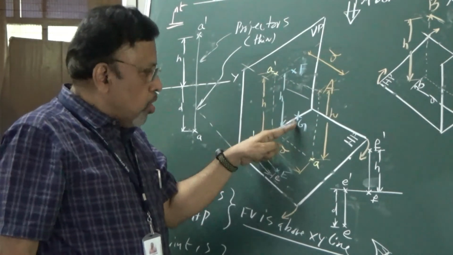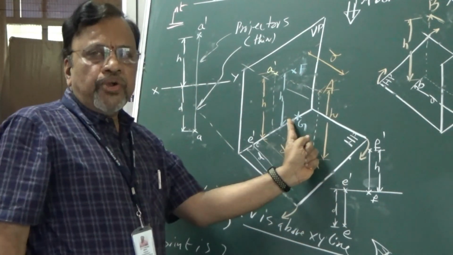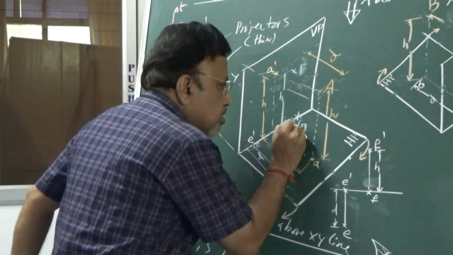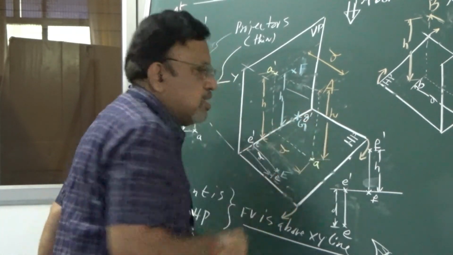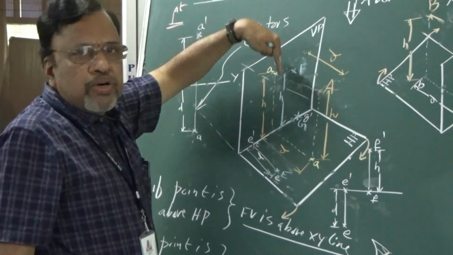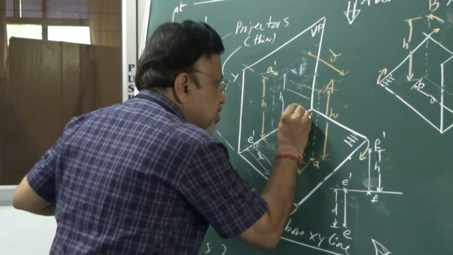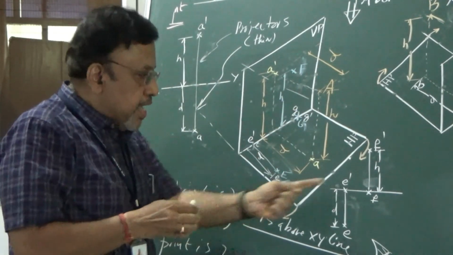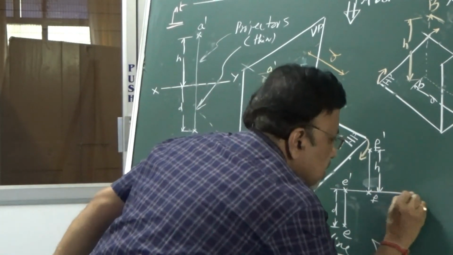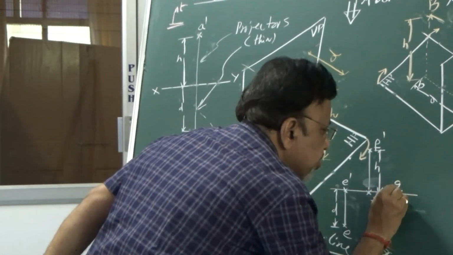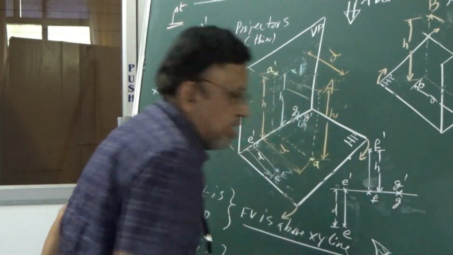Since they are 0, if I look from the front, we get G dash on XY. And if I look from the top, because VP distance is 0, the top view will also be here itself. That is, I will get G here. So in the orthographic projections, I will simply mark a point here and show G dash and G.